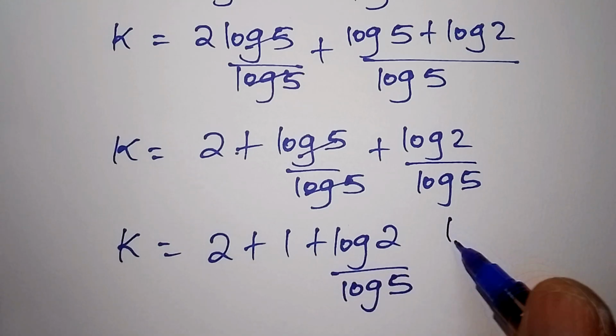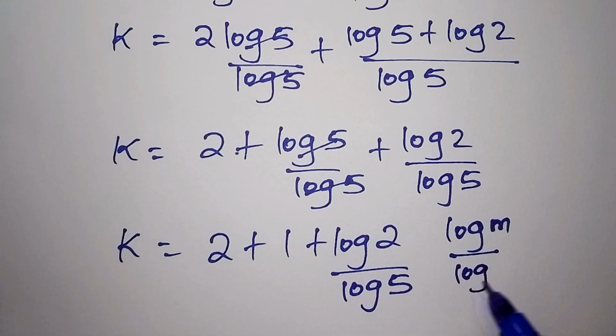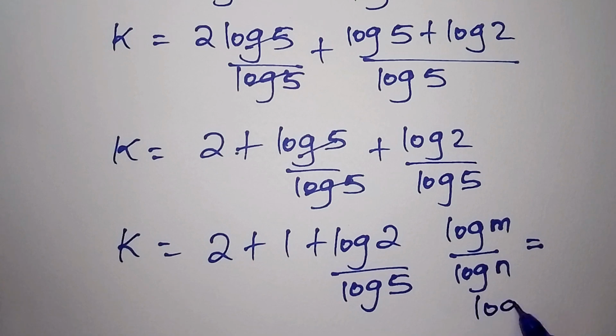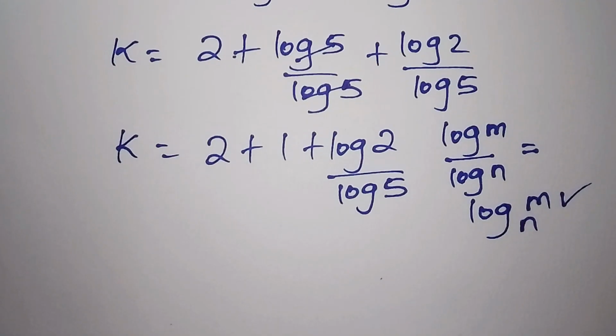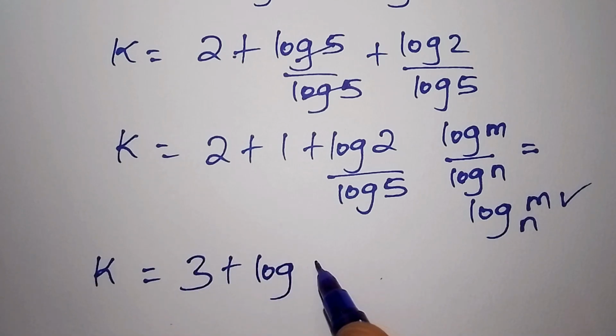Assuming that you have, for example, the log of m all over the log of n, we write this as the log of m to the base of n. That means our final answer is that the value of k is equal to 2 plus 1, which is 3, plus the log of 2 to the base of 5.